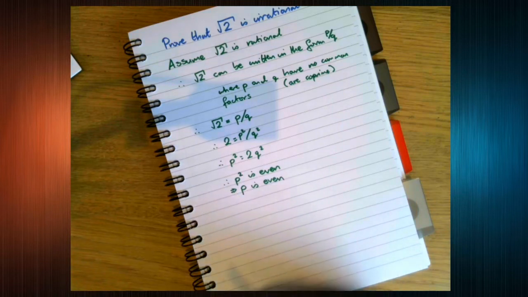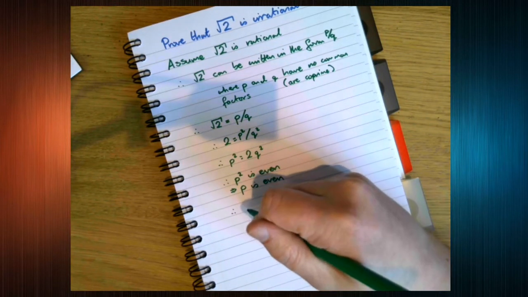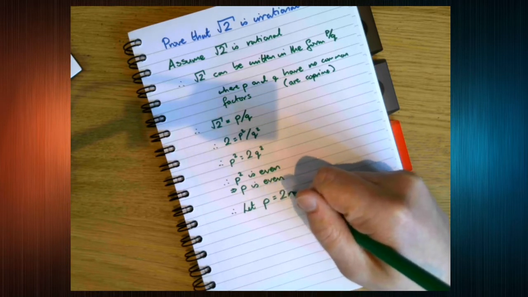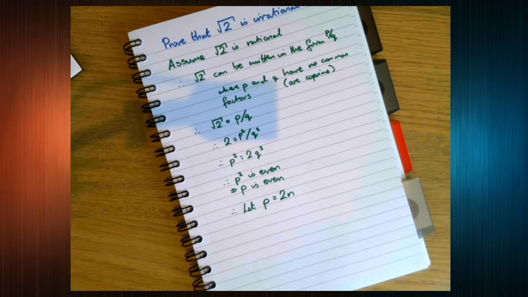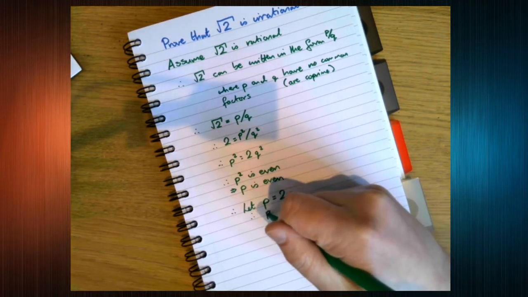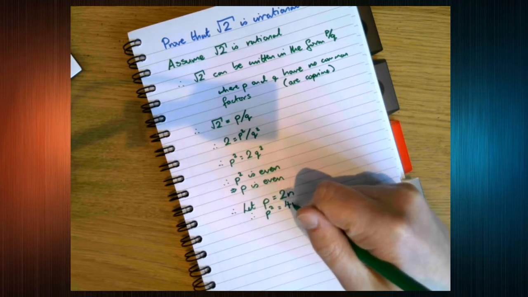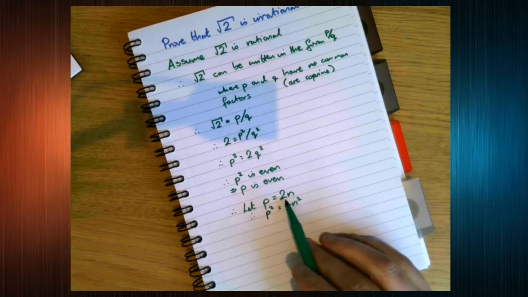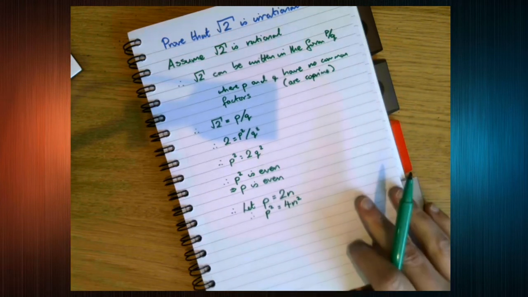Now, because p is even, we can write p as 2 times something, which means that p squared is going to be this squared, so 4n squared.